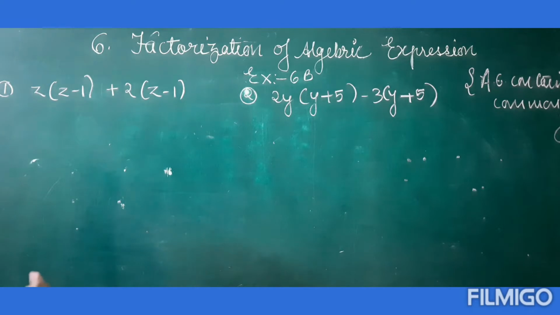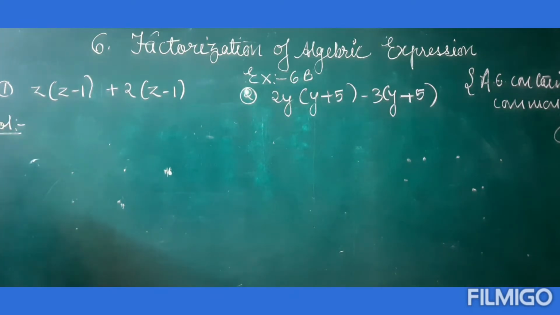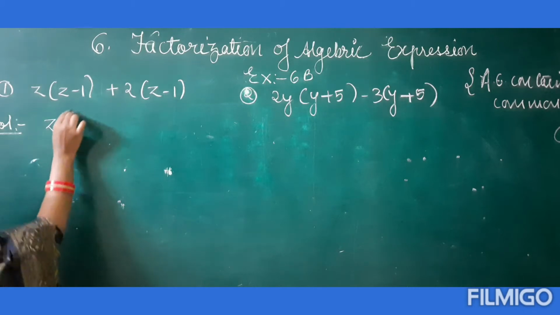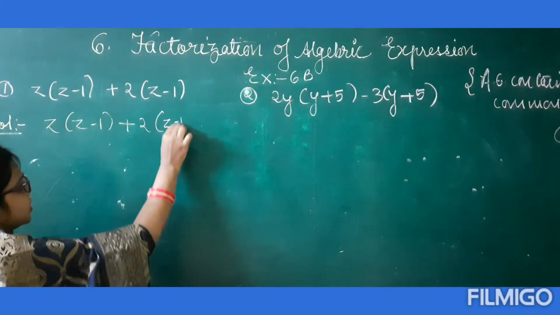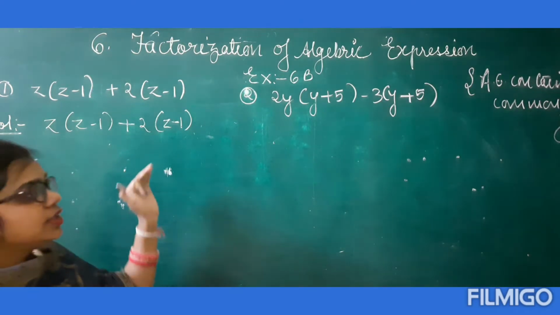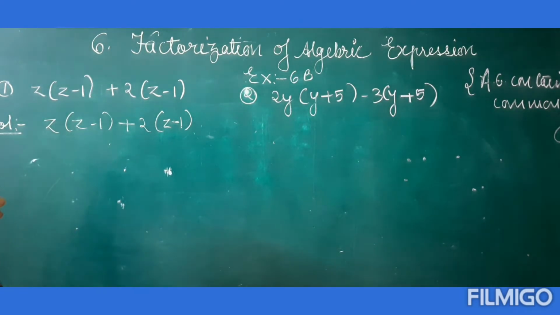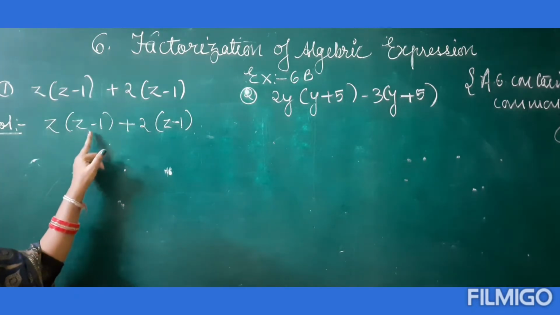So just see, this is question number 1. Here in this question it is given z minus 1 plus 2 times z minus 1. Here we have to check first that it should be a binomial, but it will contain two terms. As you can see, that is z and 1.